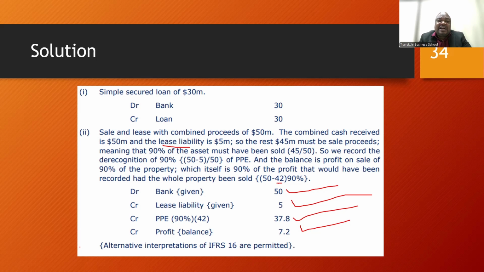Remember, the standard allows some alternative interpretation of IFRS 16, and you just have to disclose your assumptions as to how you have treated it. But the major part is that you need to be able to determine if the arrangement was a real sale and leaseback or otherwise.